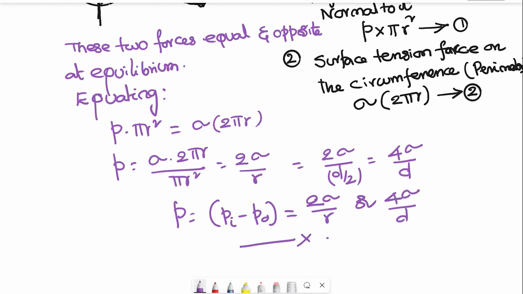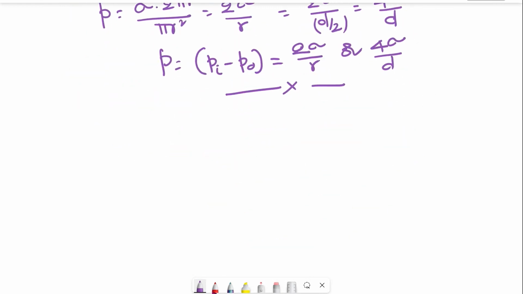This is one case study. What is the other case study? The second one we will take is the soap bubble. If you observe a soap bubble, it is hollow. Fundamentally, the soap bubble is hollow normally, so the inside is hollow.